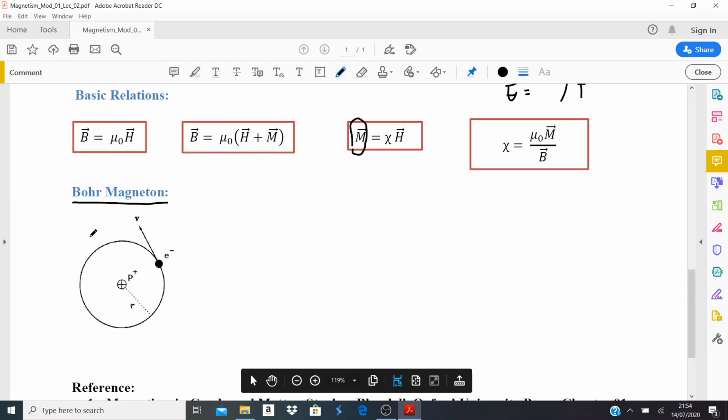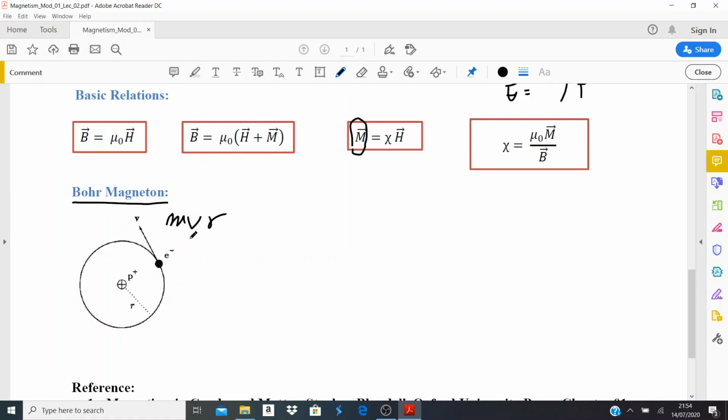For the electron, only those paths are allowed where the quantity mvr, which is the angular momentum of the electron moving with velocity v at a distance r from the proton, should be an integer multiple n of the reduced Planck constant. And the reduced Planck constant is by definition the Planck constant divided by twice pi.